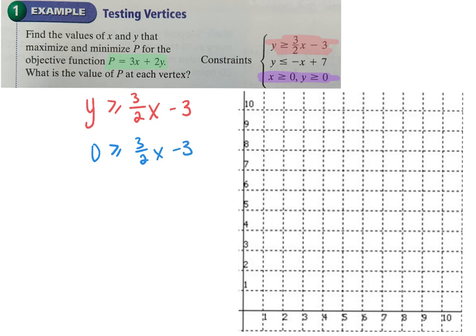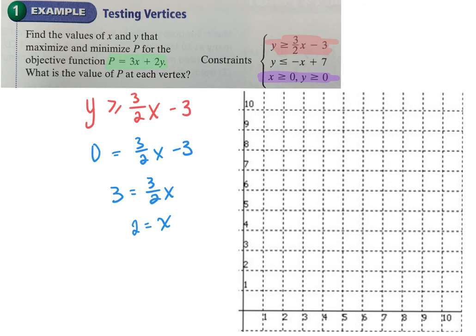All right, add my 3 over. What do I do here? Keep, change, flip, right? So what is my x-intercept? And actually we can just do equals here. How do I keep, change, flip? 3 times 2/3, right? Which is just 2. My x-intercept is 2 here, okay?